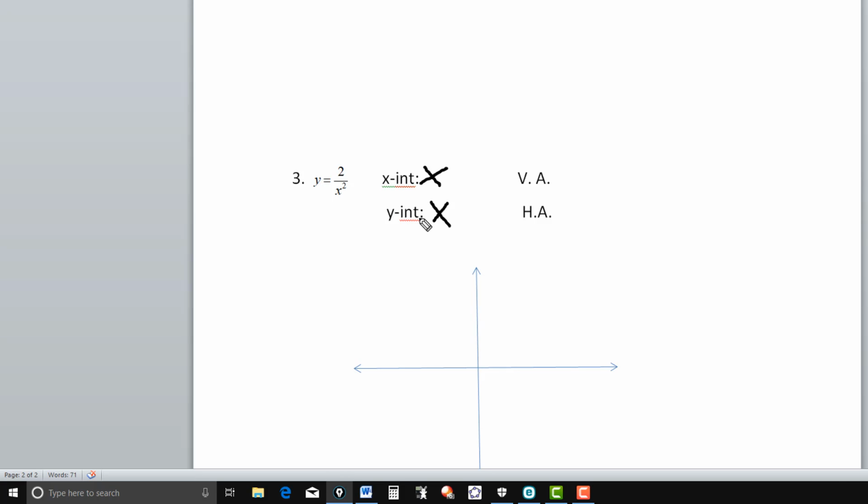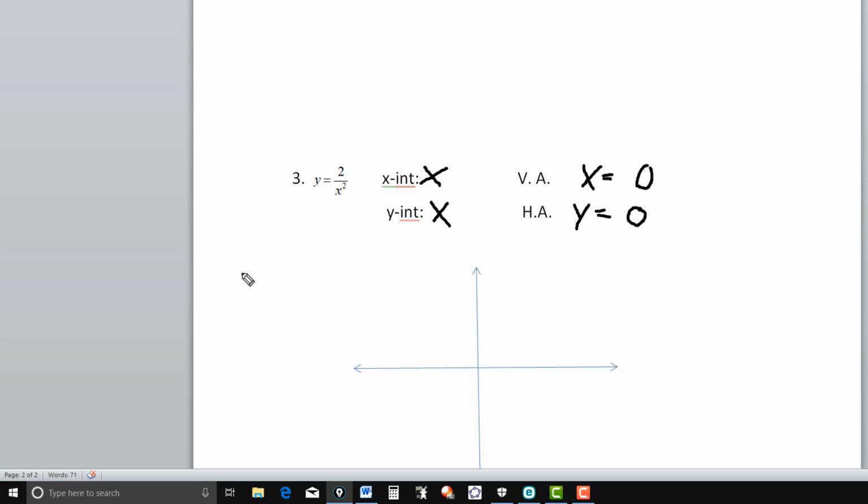Okay, no x-intercept, no y-intercept. The vertical asymptote is x equals 0 because that's the number that makes the denominator 0. And again, the horizontal asymptote for the types we're considering is always going to be y equals 0. Okay. Keep in mind, it's the types we're considering. There's variations of these. We'll look at some of those in another video.